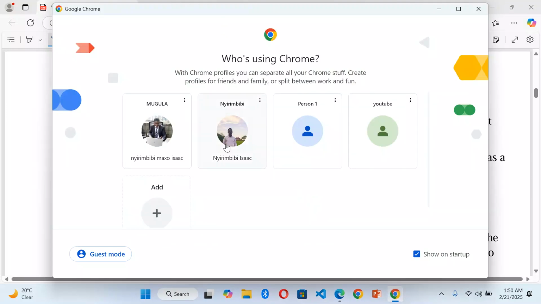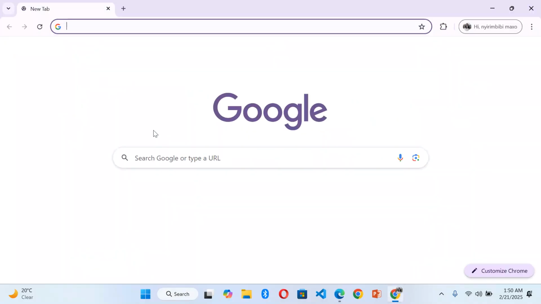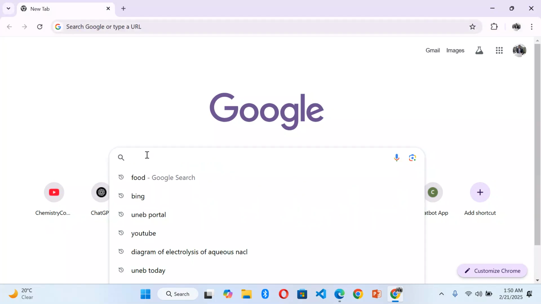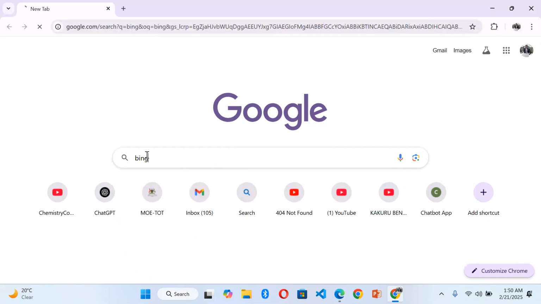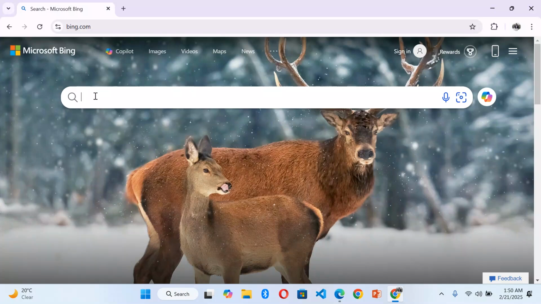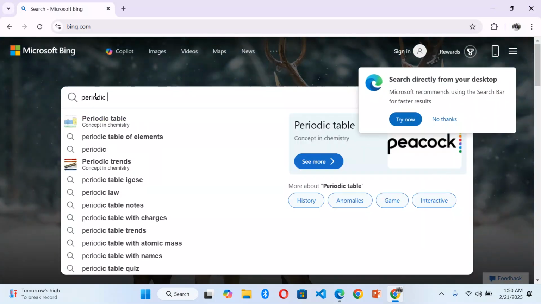Let's consider the periodic table. We can get a periodic table online.